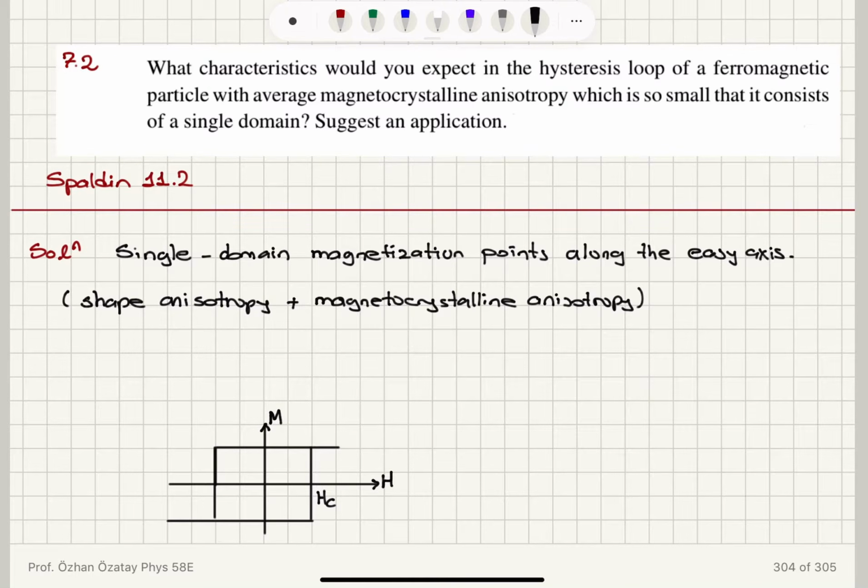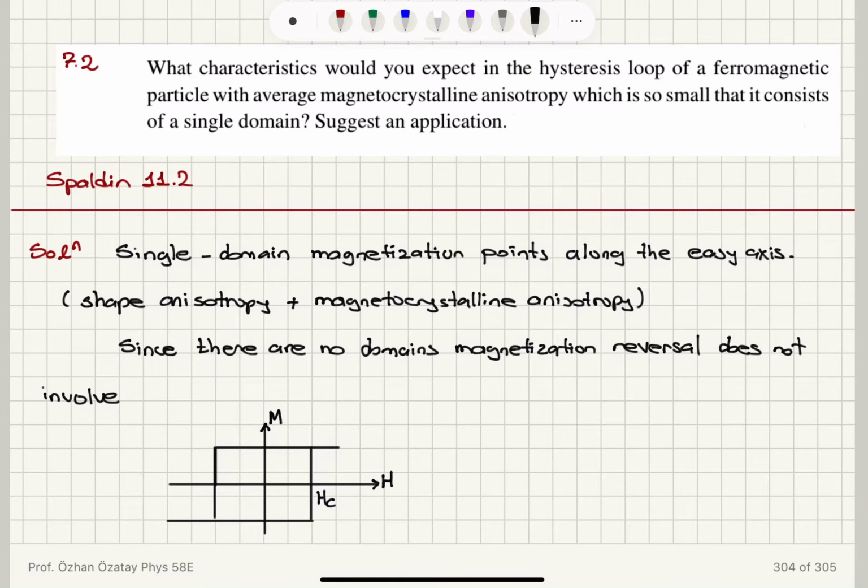All right. And in the reversal process, we don't have any domain walls present in this system, so it will not involve any domain wall motion. Since there are no domains, magnetization reversal does not involve domain wall motion.